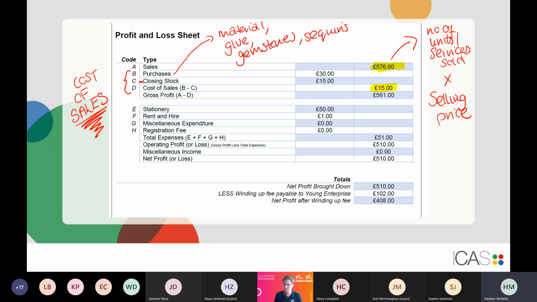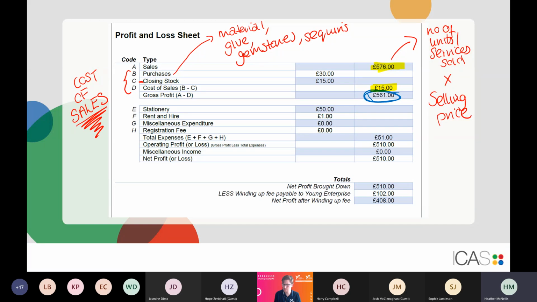Okay, so not considering anything else in the business, purely from my sales point of view, I've made £561. And that's important because you want to know that information before considering anything else, just on the sales alone. What have you made? Okay, so that's really important.